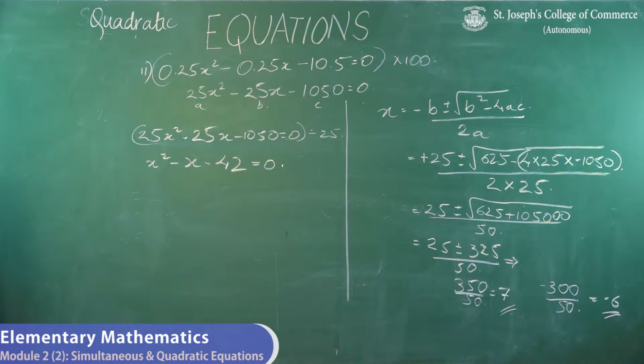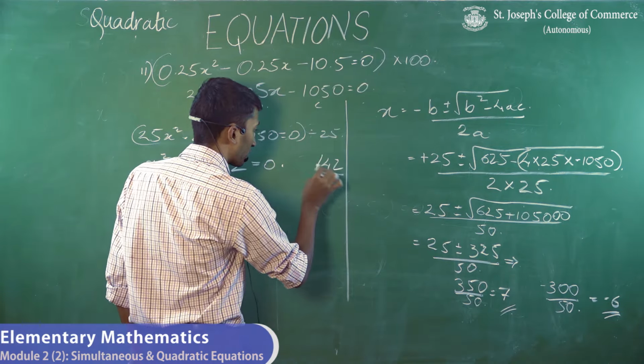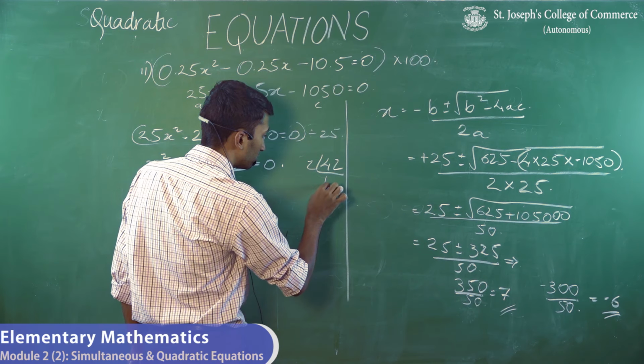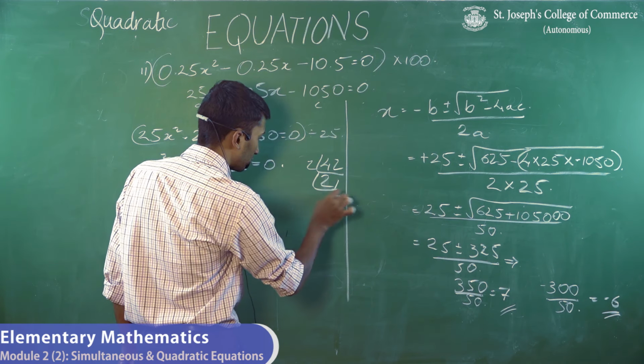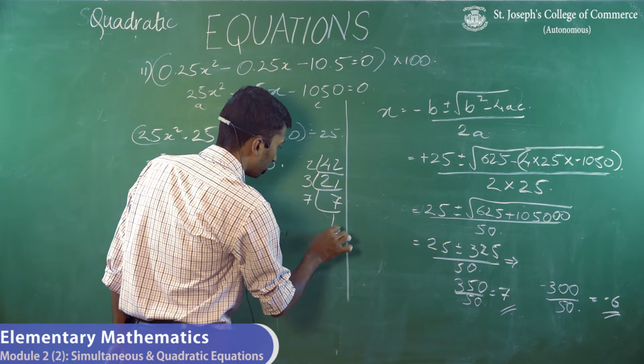So now it makes it much easier. If I find the factors of 42 with the lowest factor, it would give me 21. So 3 7s are 21 and 7 1s are 7.